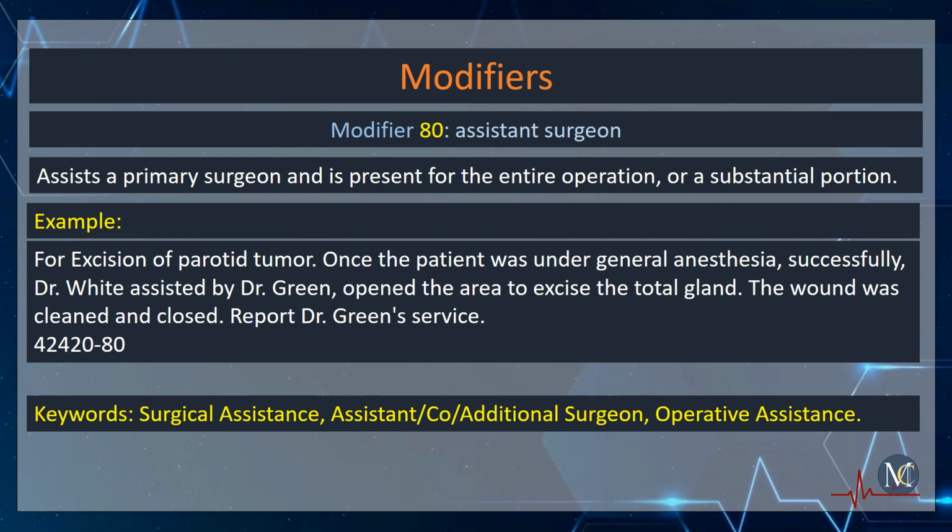In this scenario, we will use the CPT code along with modifier 80. It indicates that during the procedure, Dr. Green assisted Dr. White. For CPT modifier 80, keyword terms include surgical assistant, assistant, co or additional surgeon, operative assistant.